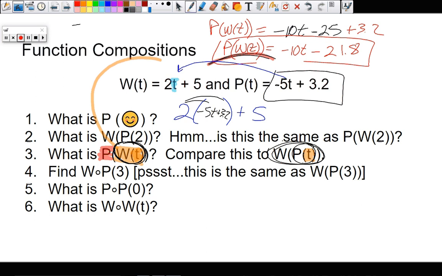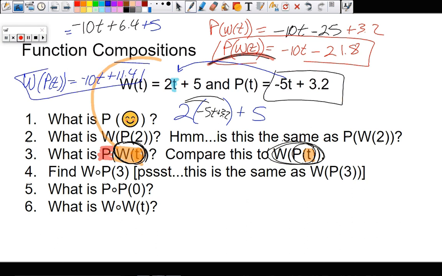We have a negative 10t, we have a positive 6.4, and we're still adding that 5. And if I add it together, W of P of t will equal a negative 10t plus 11.4 because it's all simplified and put together. Questions?